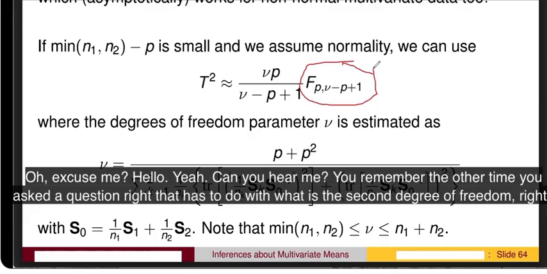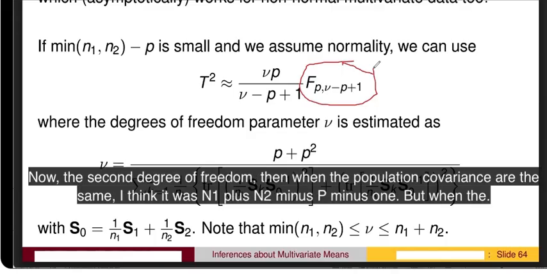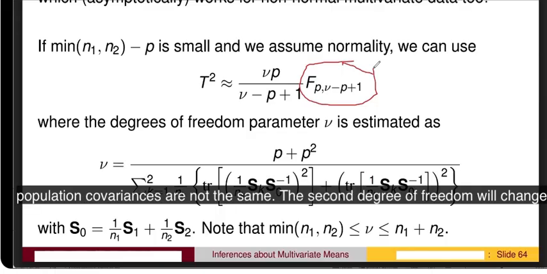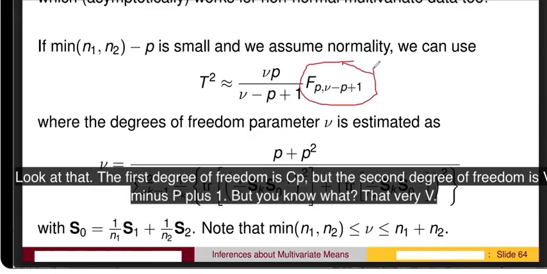When the population covariances are the same, I think it was N1 plus N2 minus P minus 1. But when the population covariances are not the same, the second degree of freedom will change. Look at that. The first degree of freedom is P, but the second degree of freedom is V minus P plus 1.